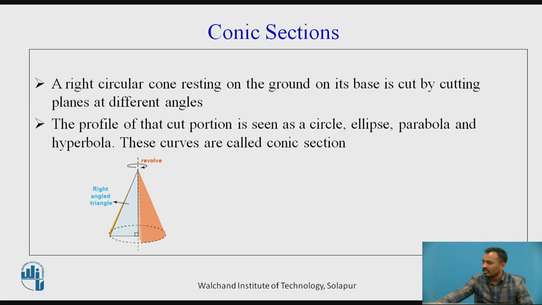And this is the right angle triangle that I am talking about. When this right angle triangle is rotated about this axis, we get a cone.